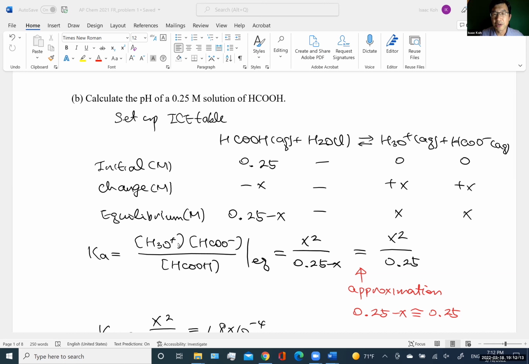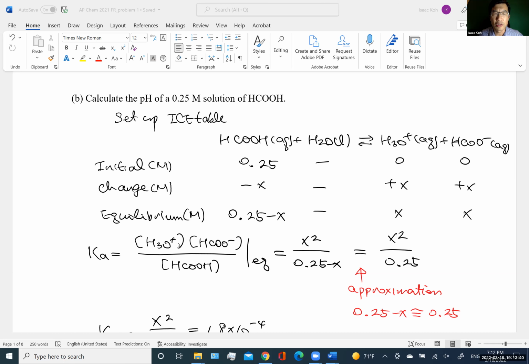Because the amount is very small, we ignore the presence of hydronium ion initially. For the change, a small portion of this methanoic acid, 0.25 molarity, will be dissociating. We don't know the amount, so let's set it up as X. So this one will be decreasing, it is minus X. And because it is a one-to-one reaction, hydronium ion and methanoate ion will be generated by X molarity.